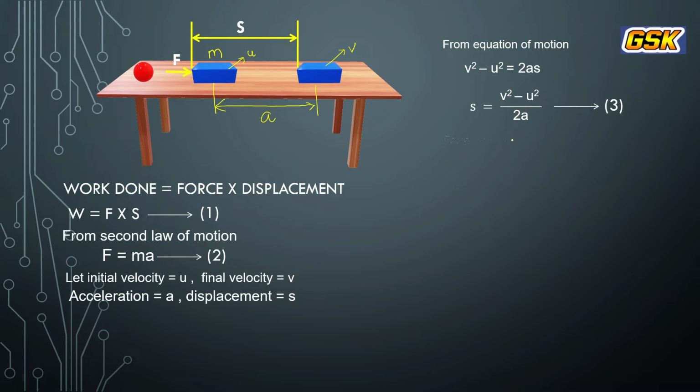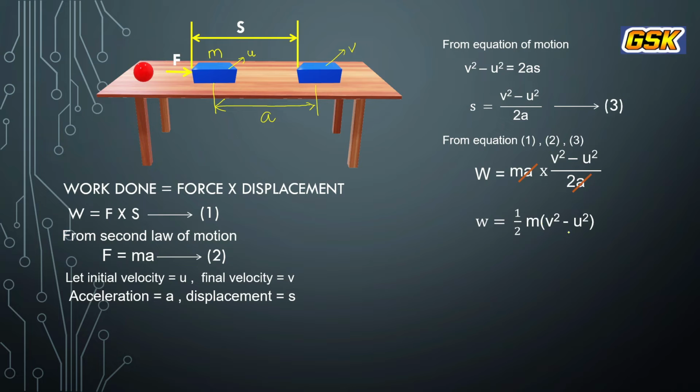From equations 1, 2 and 3, we get W is equal to ma into (v square minus u square) by 2a. The a gets cancelled. The equation becomes half m (v square minus u square). And this work done is equal to kinetic energy.